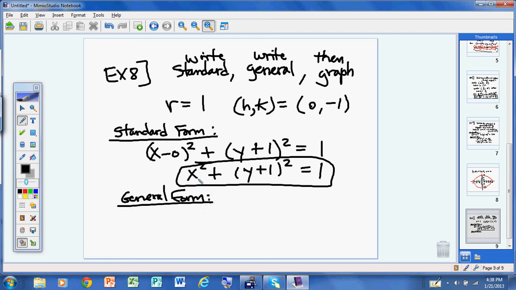Okay, and so the x squared just stays the same here. When we square this, what does that really mean is happening? You've got y plus 1 times y plus 1.